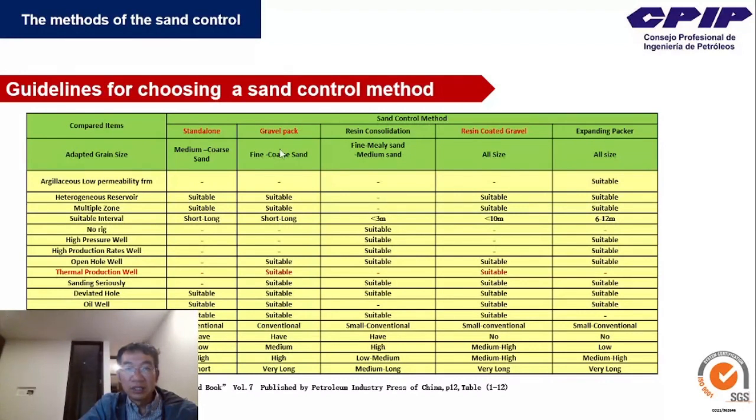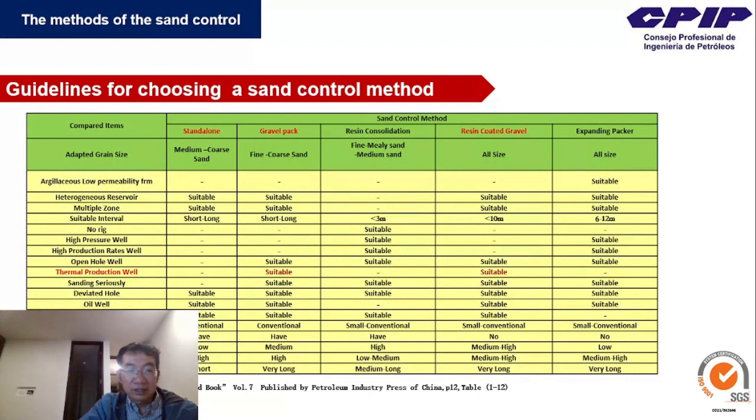And downhole junk: standalone have, gravel packer have, resin consolidation have, and resin-coated gravel not have, and expanding packer not have. And expense: the standalone is low, the gravel packer is medium, the resin consolidation is high, the resin-coated gravel is between medium and high, and the expanding packer is low.